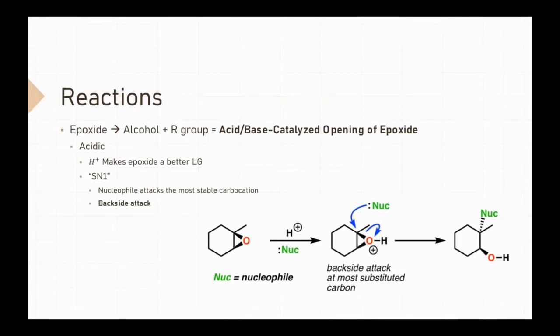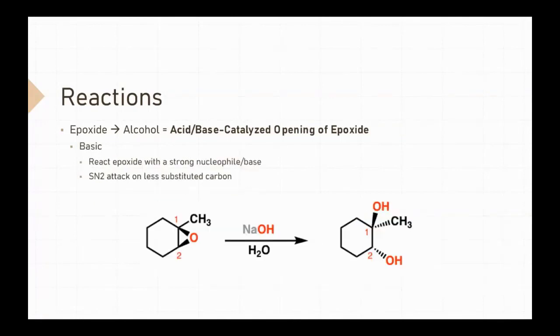And then once you get that stable carbocation, you have that backside attack from the nucleophile, which will attach on the top right there. Okay, so that's acid. The second one is the basic conditions, where it doesn't care if the epoxide is a good leaving group or not. It will just attack from the least substituted carbon.